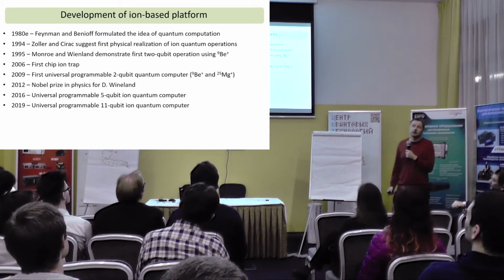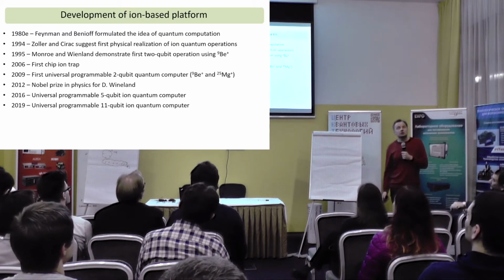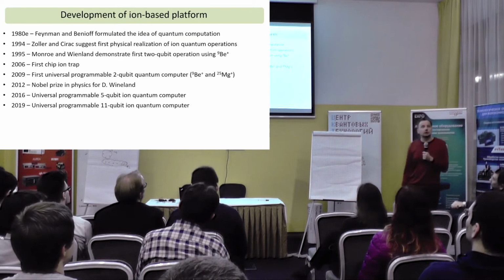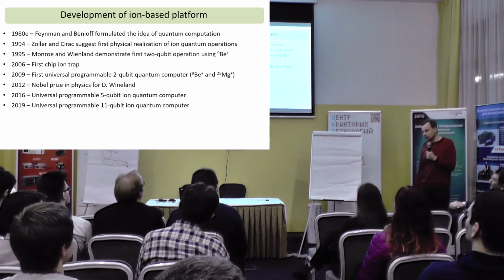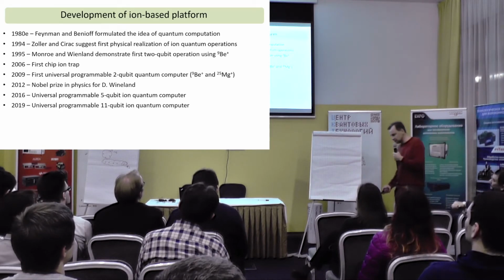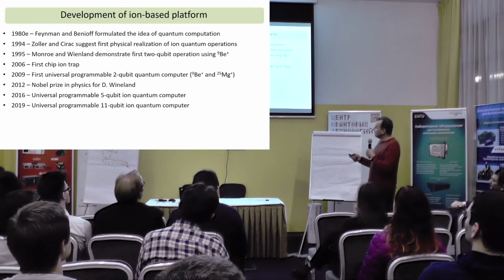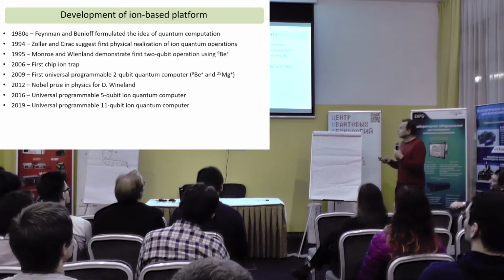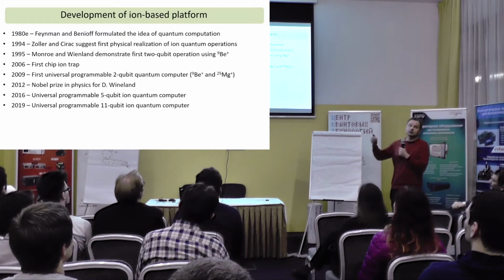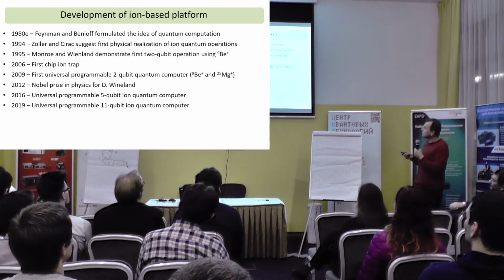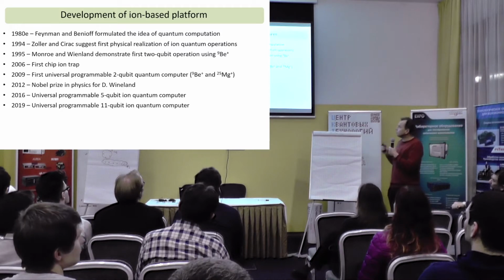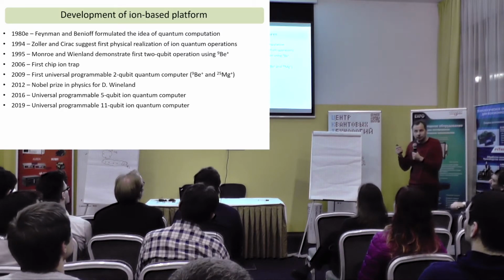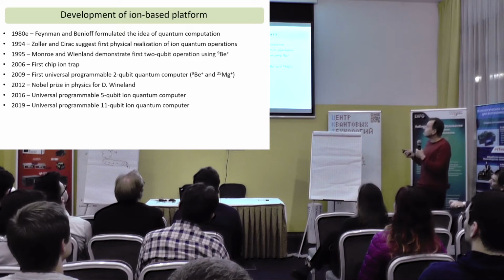In, I think, 2001 in Innsbruck, the group of Blatt demonstrated the first CNOT gate using calcium ions. Then in 2006, the first chip trap, which is not yet a leading platform, but it's still interesting that it works. In 2009, the first universal programmable 2-qubit computer.